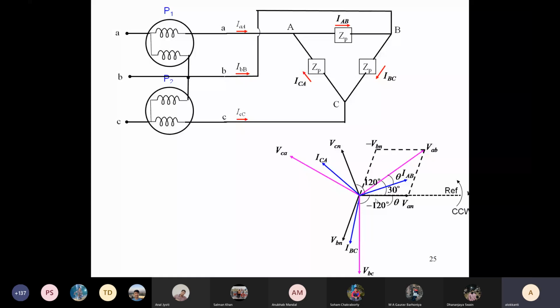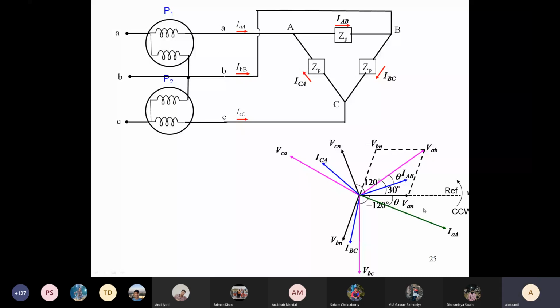IA is also somewhere here, and it will lag VAN, the reference, by an angle theta.